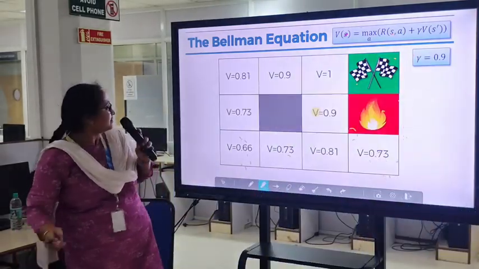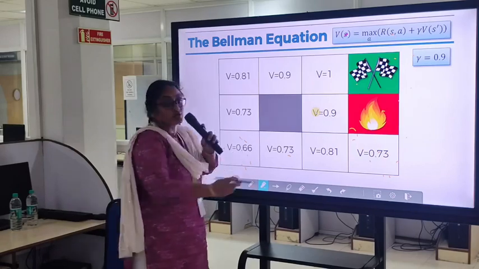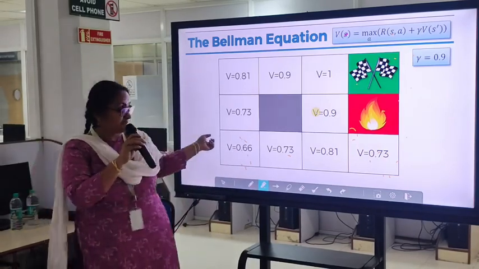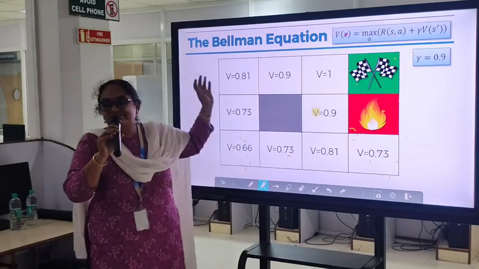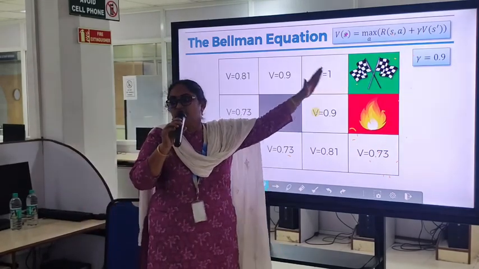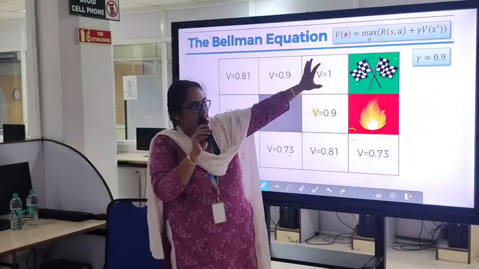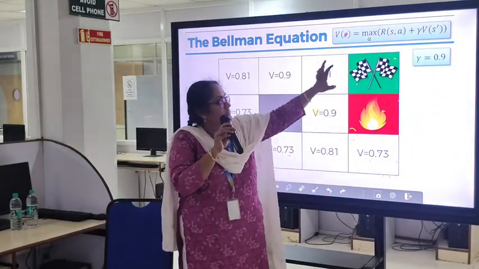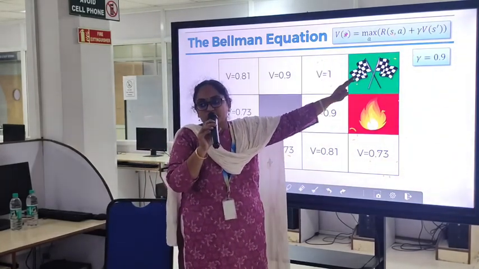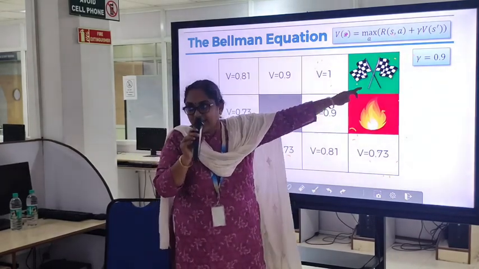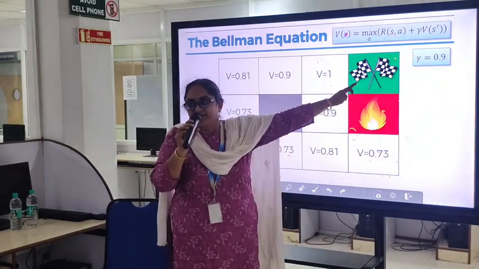So you will have to always use a bottom-up approach, which means that from the target state you start calculating this value, because you assume that the agent is here and the moment he takes an action of going to the right, he will be getting a reward.